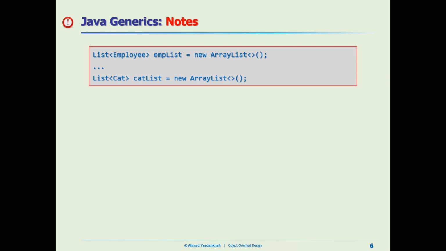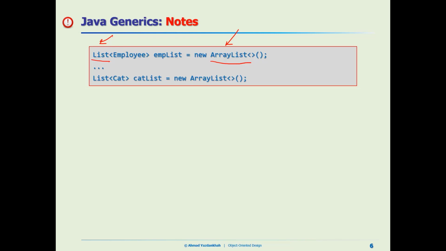let me give you some points about this syntax. First of all, on the left-hand side we have List, and on the right side we have ArrayList. You know that List is an abstract class or interface in the Java library, and ArrayList is a concrete class.